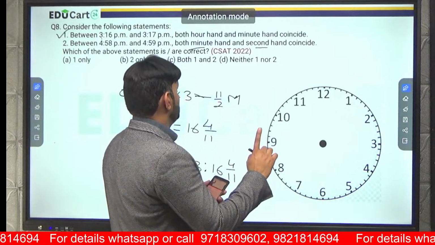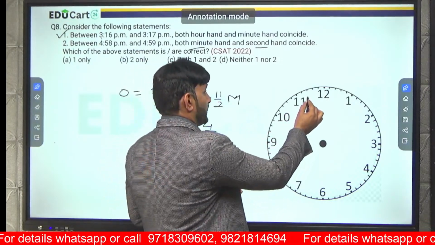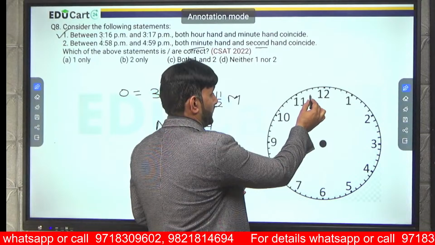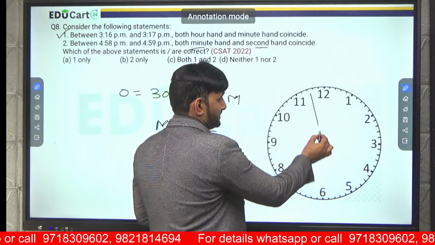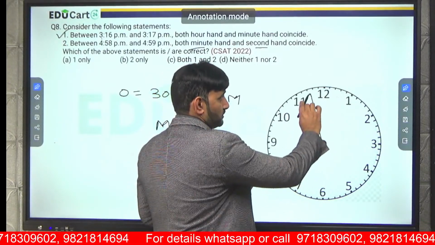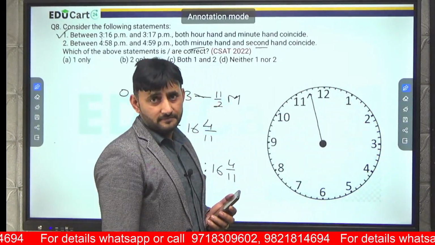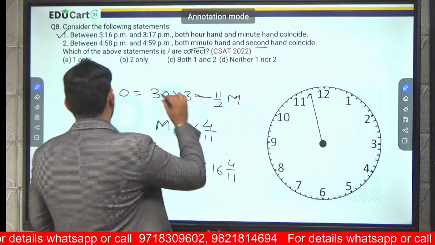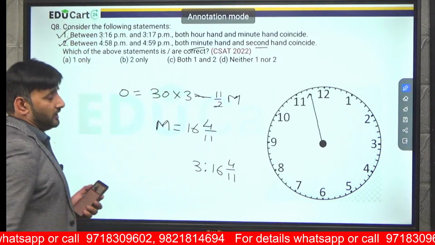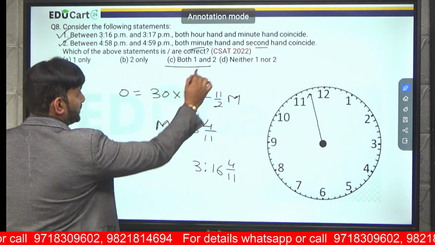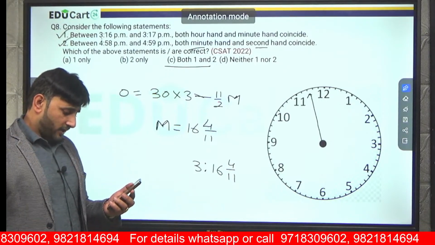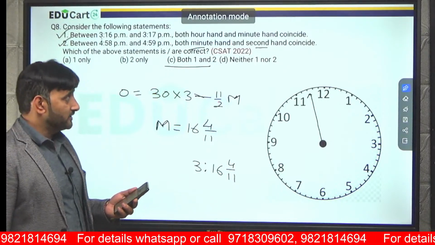When the time is between 4:58 and 4:59, the minute hand is somewhere here, so the second hand will come and overtake it. So the second statement is also correct. The answer is both statement 1 as well as 2 are correct.